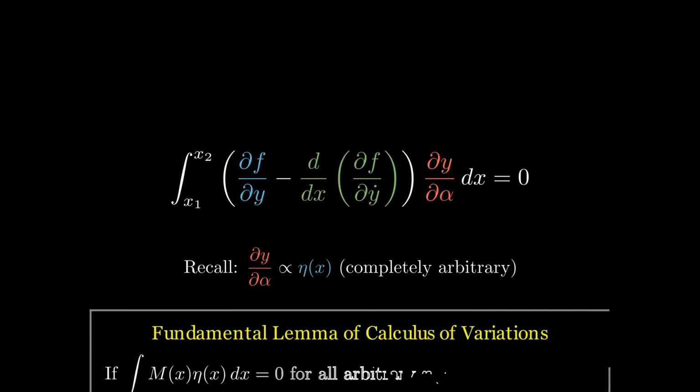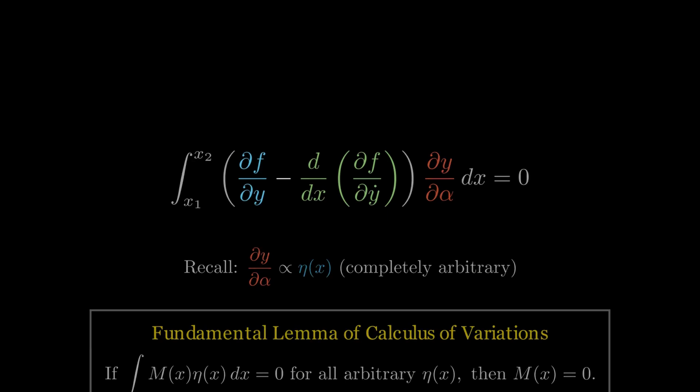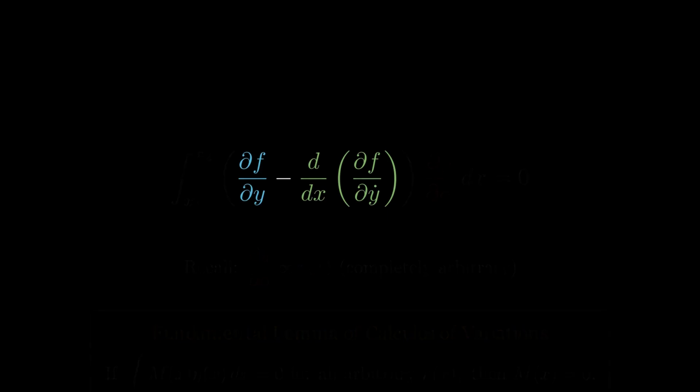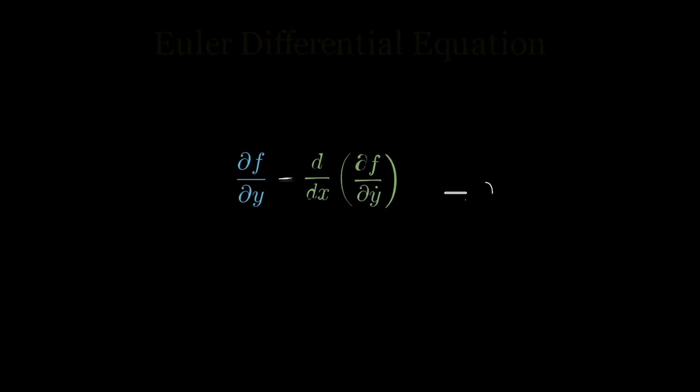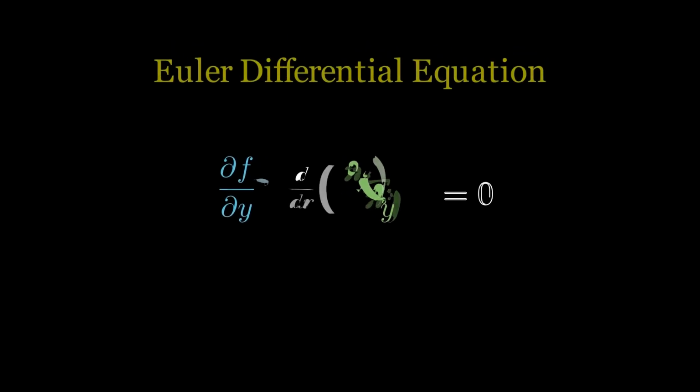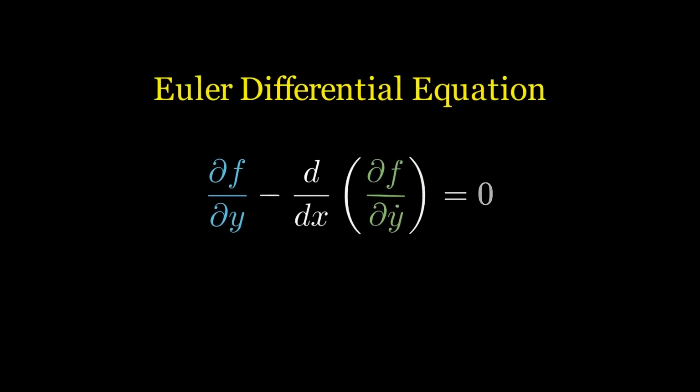There is a fundamental lemma of the calculus of variations which states that if an integral of the form integral of M of x eta of x is 0 for all arbitrary functions eta of x that vanish at the endpoints, then the continuous function M of x must identically vanish everywhere in the interval. We apply this fundamental lemma to our equation. Therefore, we arrive at the condition for which the integral J must be stationary.